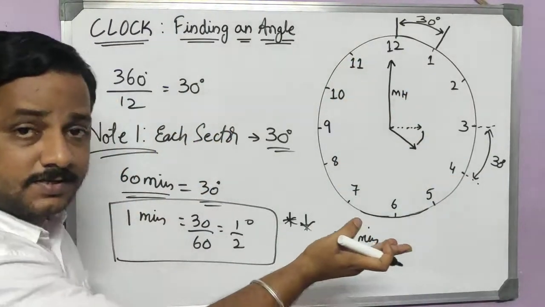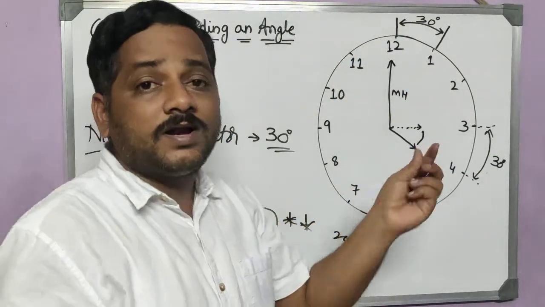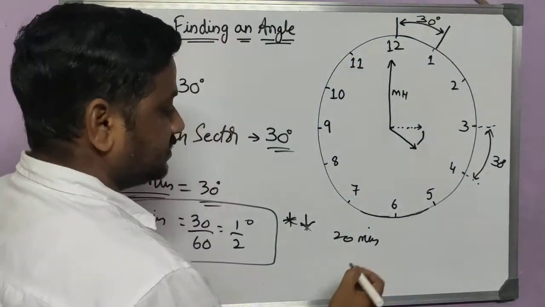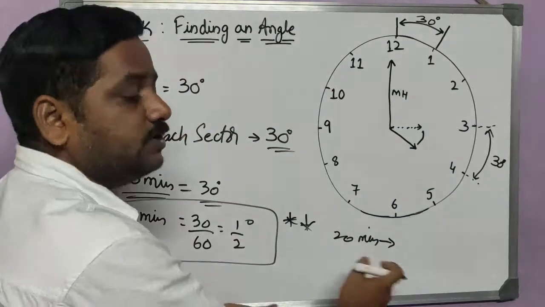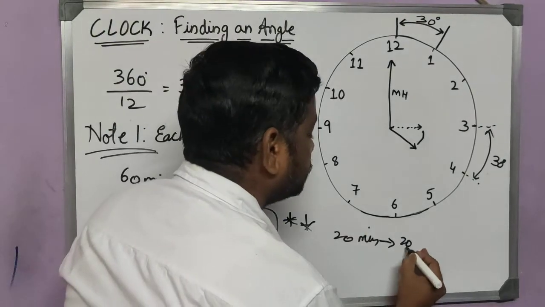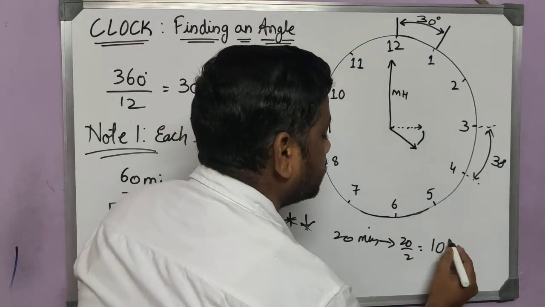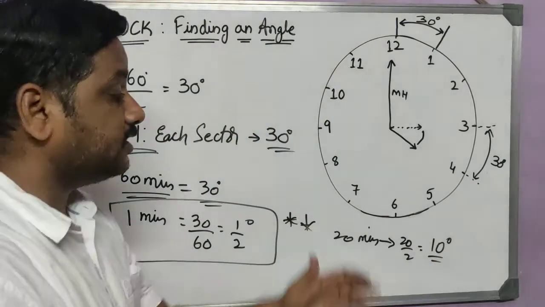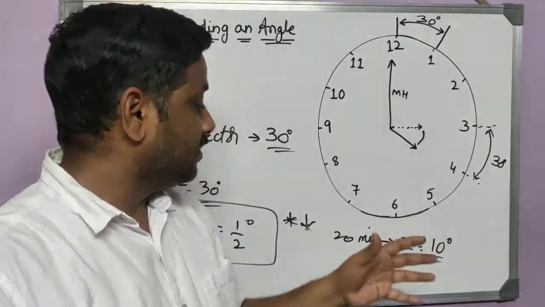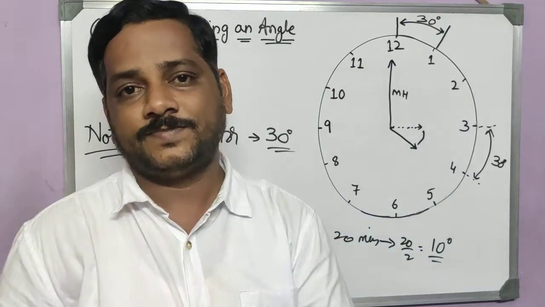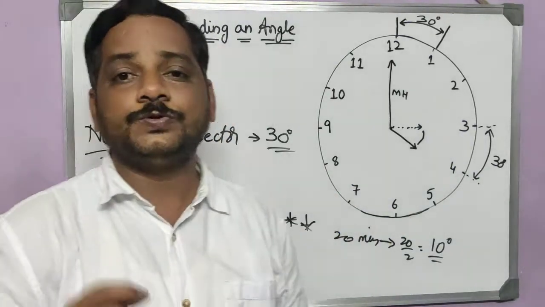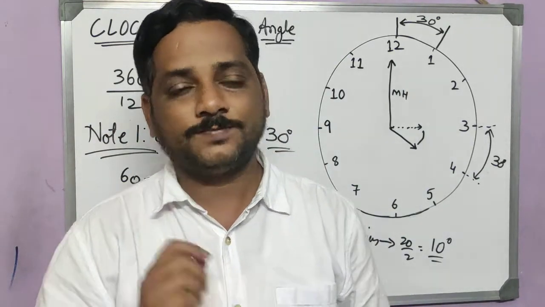Then how much has the hour hand moved? For 1 minute it is half a degree, so for 20 minutes it will be 20 by 2, that is 10 degrees. That is how I can find out the movement of the hour hand in degrees. So these two notes will help you to solve the problems.